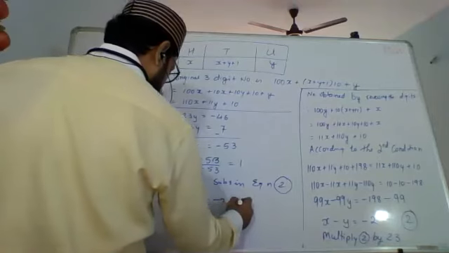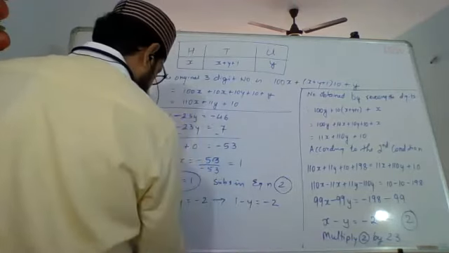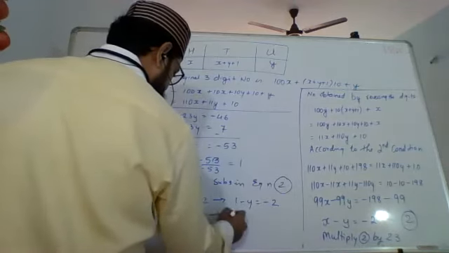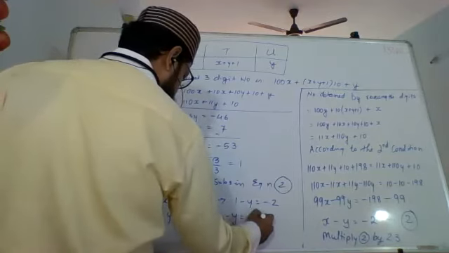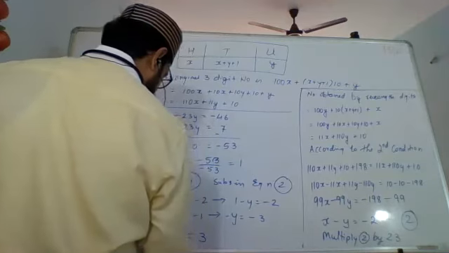That is 1 minus y equals minus 2. Shift this one this side. So minus y equals minus 2 minus 1. Minus y equals minus 3. Therefore, y equals 3.